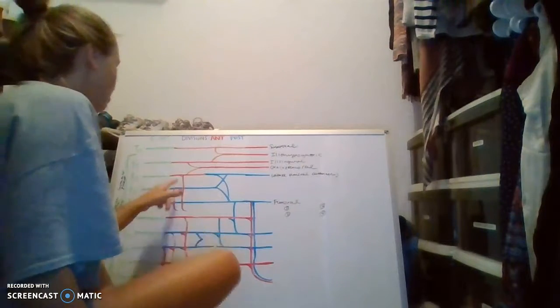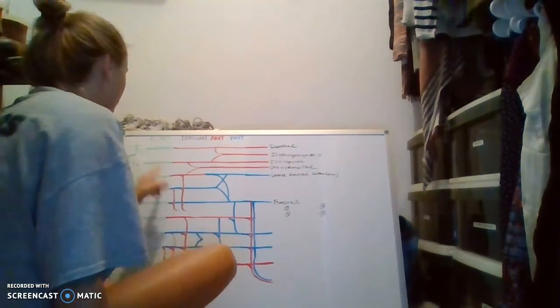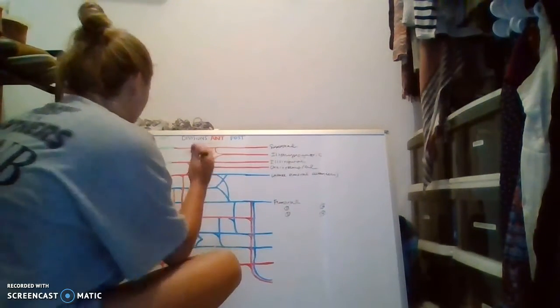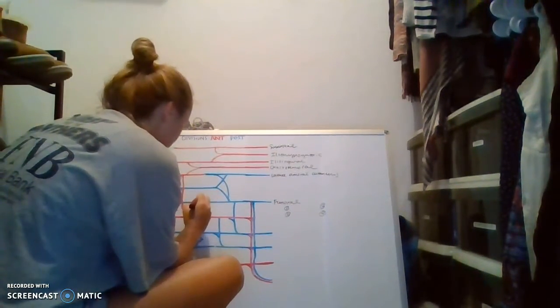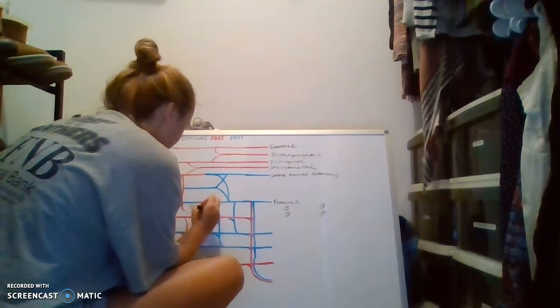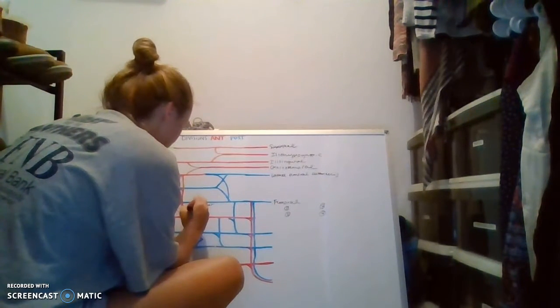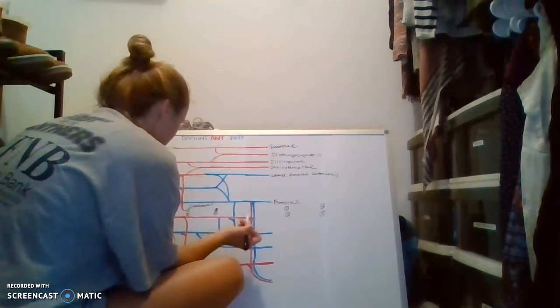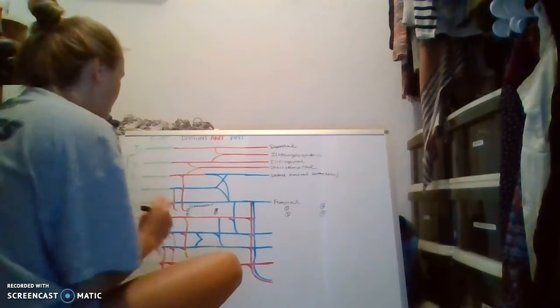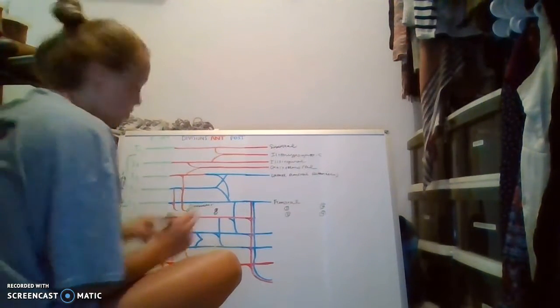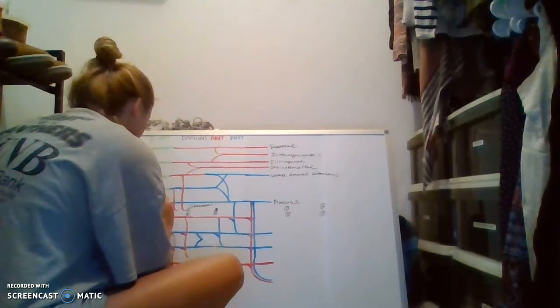And then over here, the anterior, that's from L2, L3, and L4, that's going to be your obturator. And that's going to have 4 as well. And then right next to the obturator is going to be your accessory obturator.